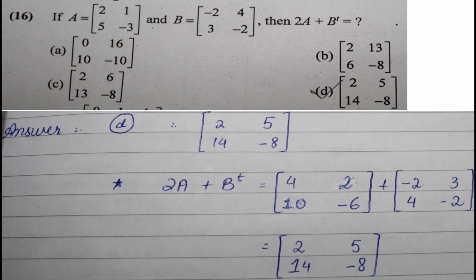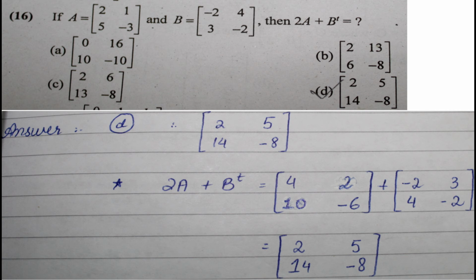Next question is, if A is equal to 2, 1, 5, minus 3 and B is equal to minus 2, 4, 3, minus 2, then what is 2A plus B transpose? A is given. First of all, let us multiply 2 with A so that we can get 2A. It will be 4, 2, 10, minus 6. For B, they have not asked about the matrix B, they have asked about the B transpose. How are we going to find the B transpose?